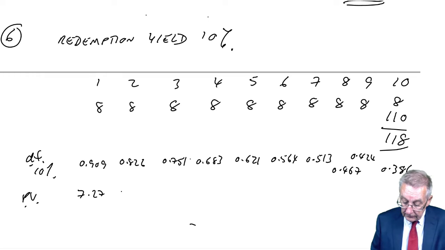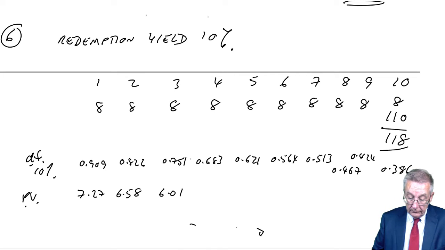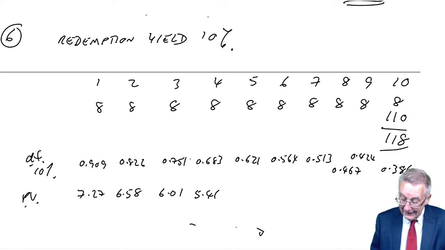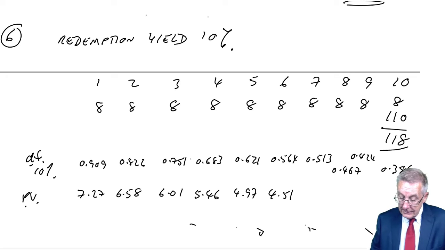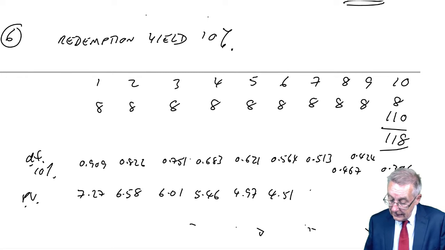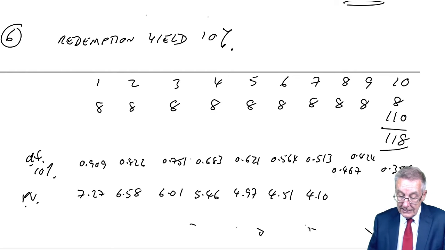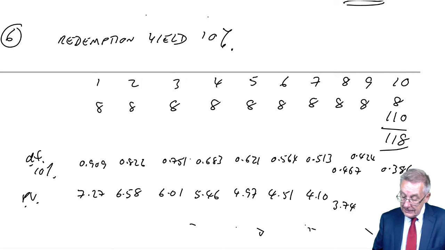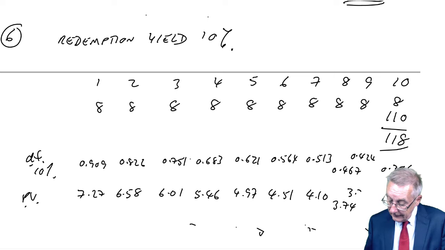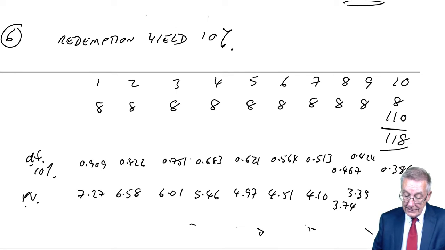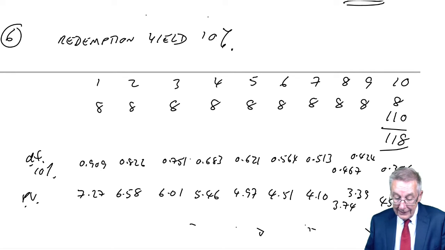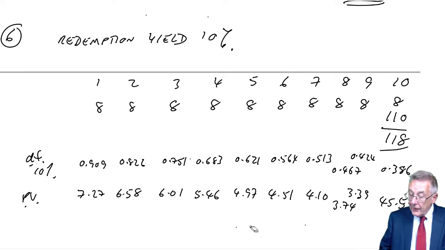Keep to 2 decimal places. There are the present values.